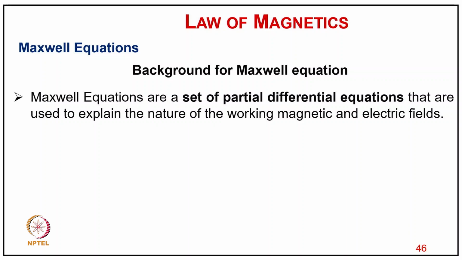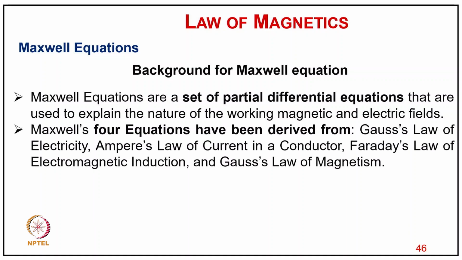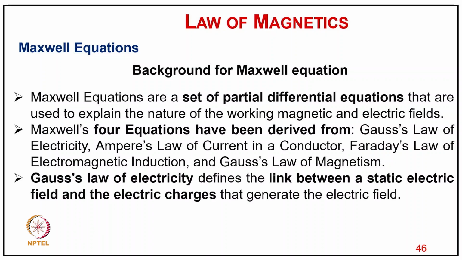Maxwell equations are a set of partial differential equations that give a very precise analysis piecewise, you can call it a distributed parameter approach we use for analyzing electrical machines. They are used to explain the nature of working of magnetic and electric fields, and Maxwell's four equations have been derived like Gauss law of electricity, Ampere law of current in a conductor, Faraday law of electromagnetic induction, Gauss law of magnetism. These are the four laws which are put into Maxwell equation form.